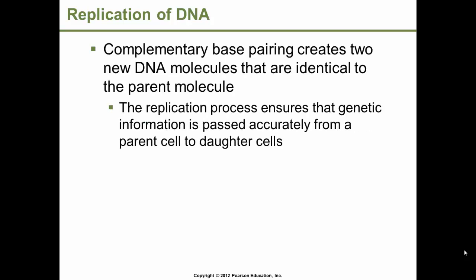Complementary base pairing creates two new DNA molecules that are identical to the parent molecule. The replication process ensures our genetic information is passed accurately from parent cell to daughter cells.